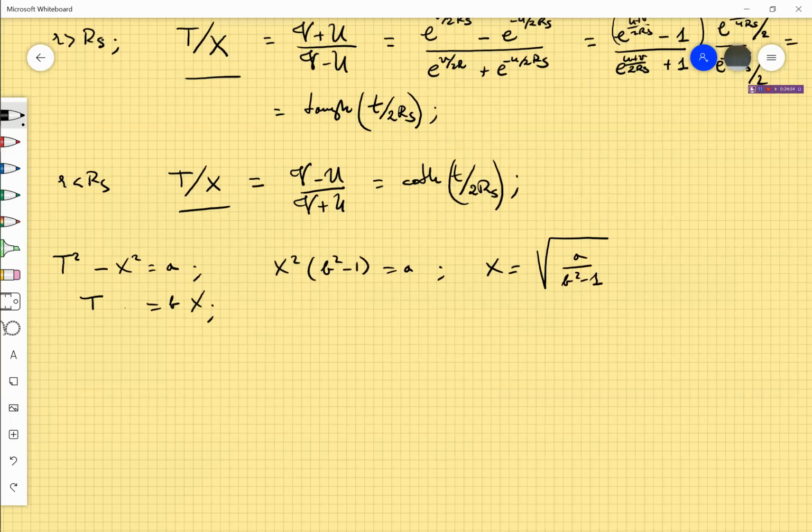And then from here you get that t is equal to B times the square root of A divided by B squared minus 1.